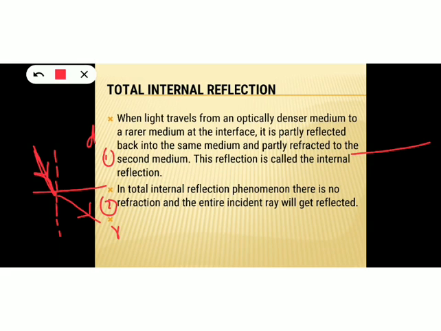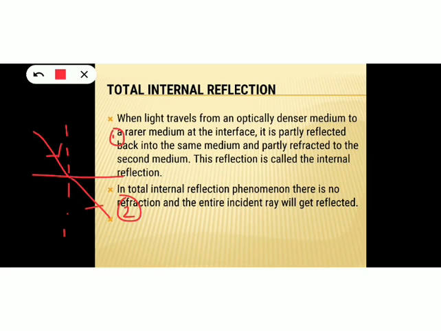And what happens if a light ray passes from rarer to denser medium? It will bend towards the normal, like this. You have already studied this concept in your class 10 physics. Whenever a light ray passes from denser to rarer medium, the refracted ray will bend away from the normal.